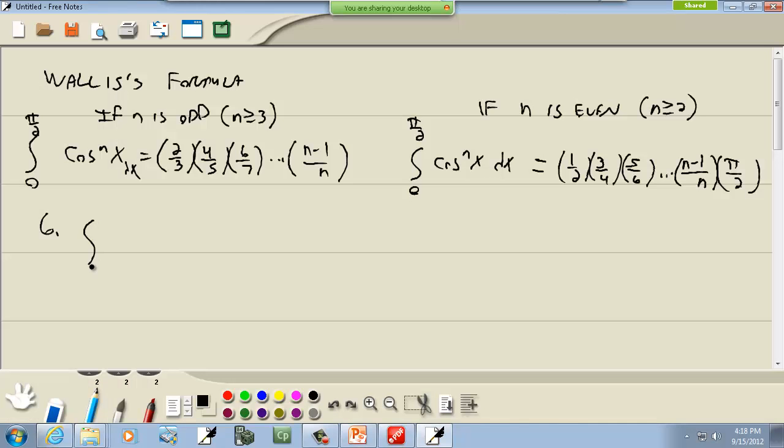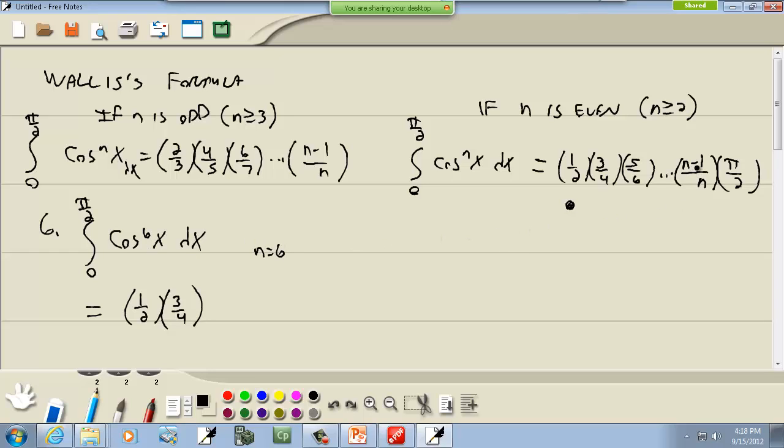So we're going from 0 to pi over 2, cosine of the 6 dx. Well, n is obviously even, so it's this formula on this side. And so our answer is going to be 1/2 times 3/4. Now our n is 6. It's our power.